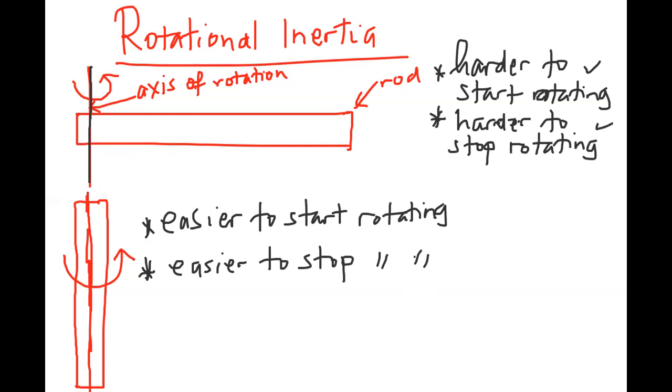Whereas if the axis of rotation is through the rod, in other words most of the mass is close to the axis of rotation, it is easier to start rotating, but also easier to stop spinning. So here we have the concept we call rotational inertia.